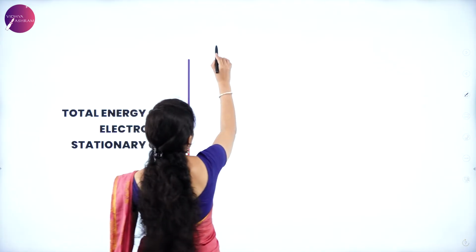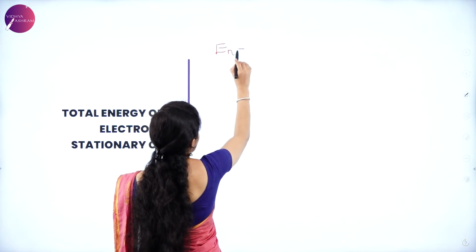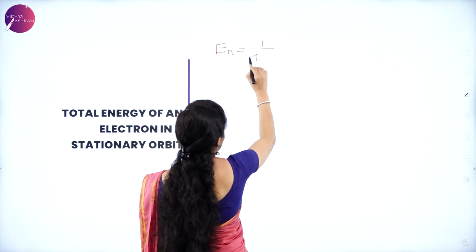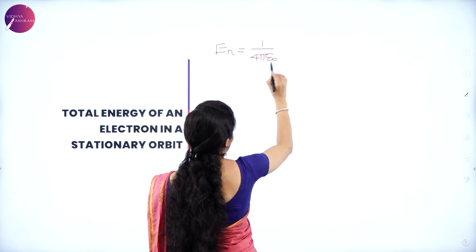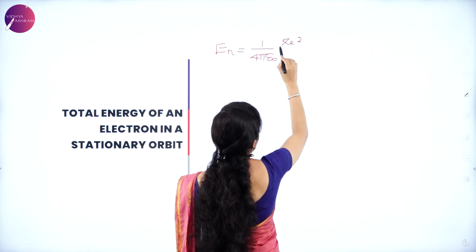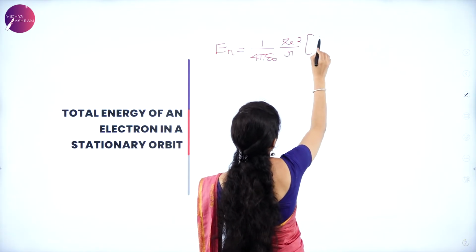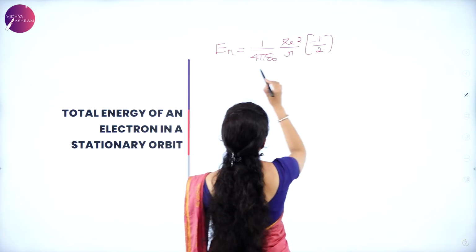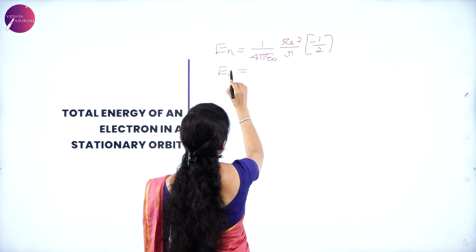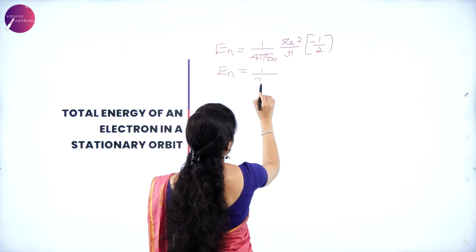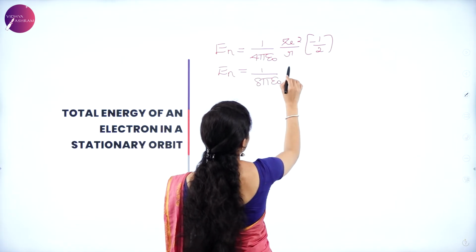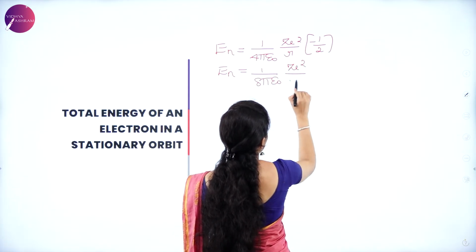So let us write total energy is equal to 1 by 4 pi epsilon naught z e square divided by r into minus 1 by 2, which is rewritten as En is minus 1 by 8 pi epsilon naught z e square divided by r.